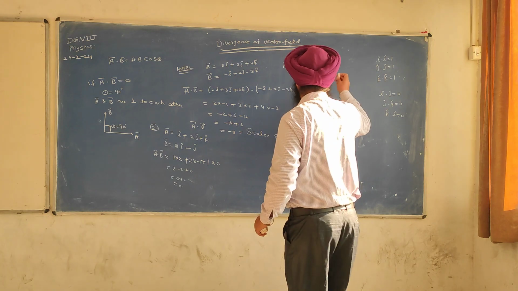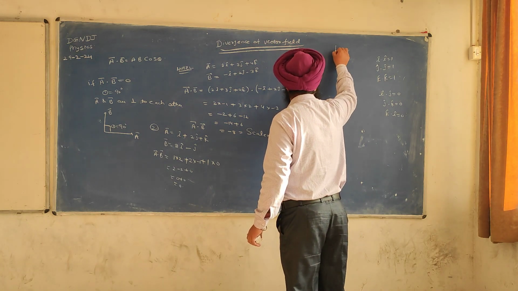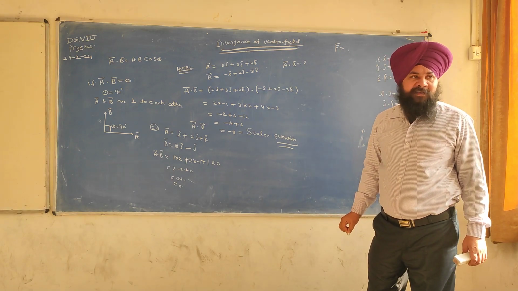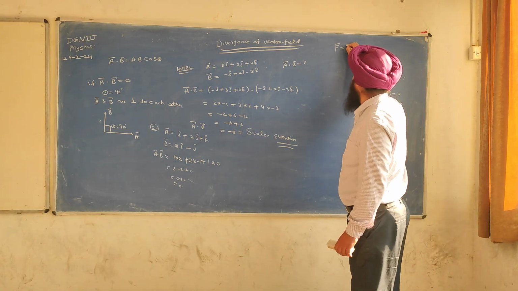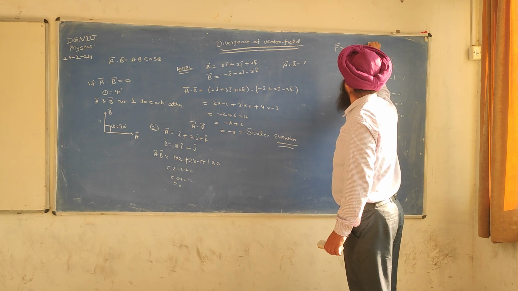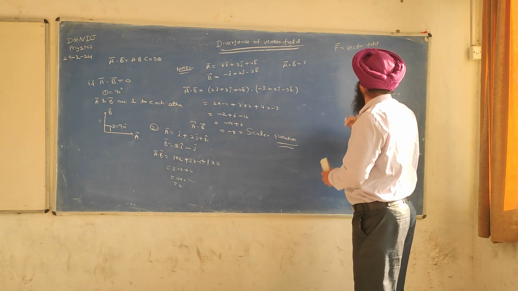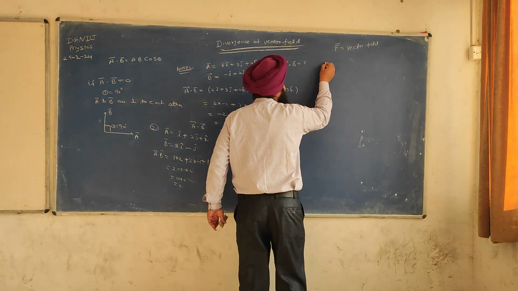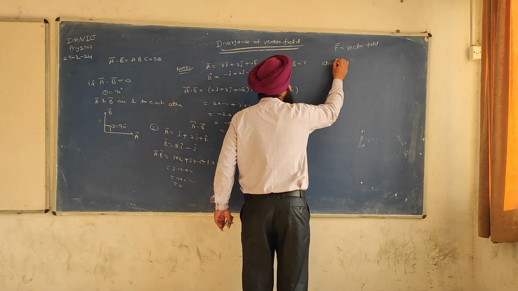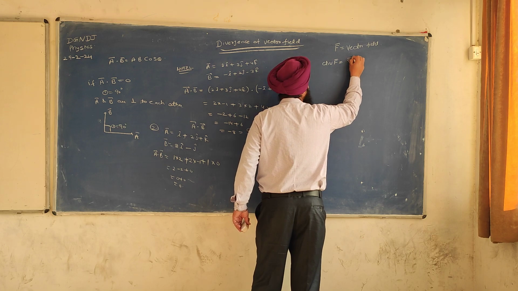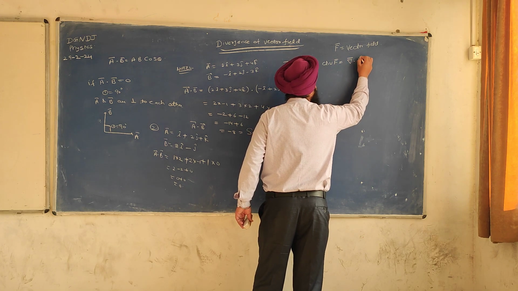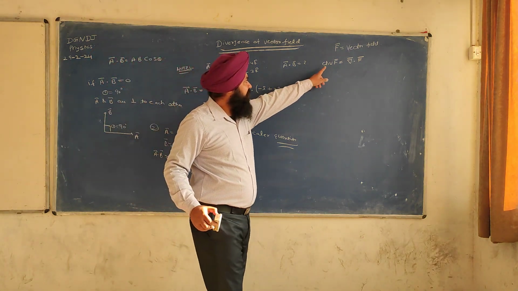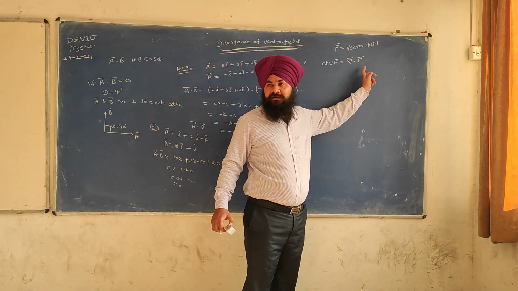Let us say I have another vector field, that is f vector. Now I want to calculate the divergence. So the divergence of f can be written as del dot f.